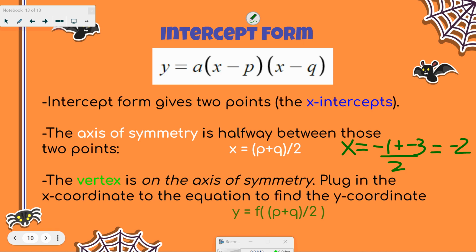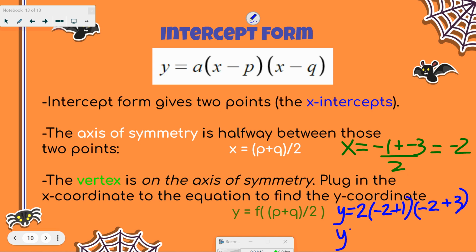So thinking about here, if I have my x value as -2, that's what this key piece is saying down here. It's saying plug into your function, that's the f of whatever your x value was from your axis of symmetry. So think about what our equation was from our problem before. It was 2 times x plus 1, so that would have been -2 plus 1, and then x plus 3, which is -2 plus 3.